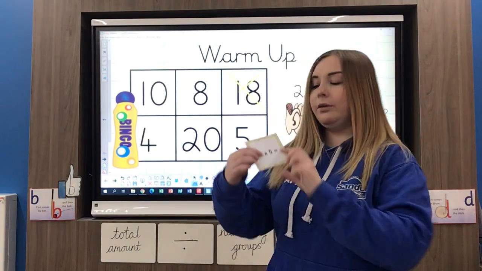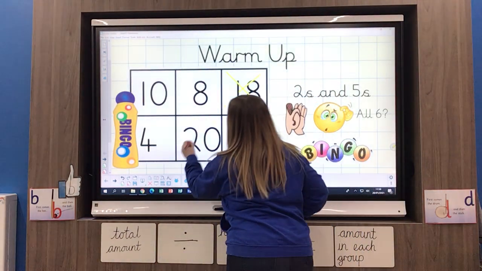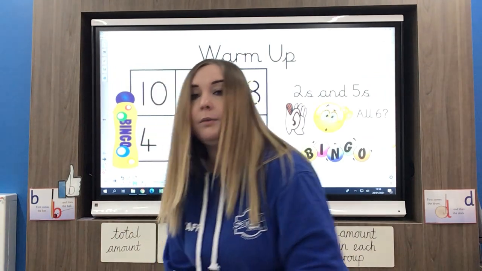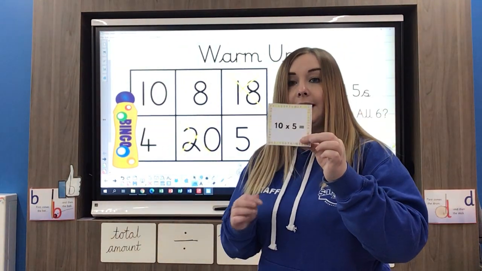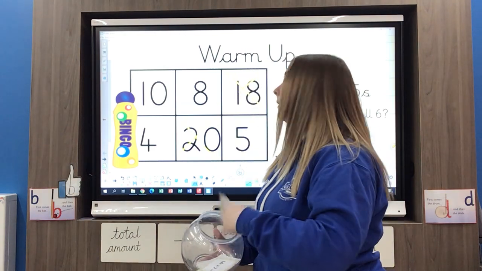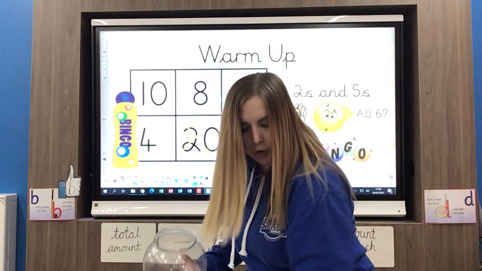Let's go again. 4 times 5. Remember, if you've got the answer to that one, cross it off. I've got the answer. Let's keep going. 10 times 5. 4 times 2. Got the answer to that one.